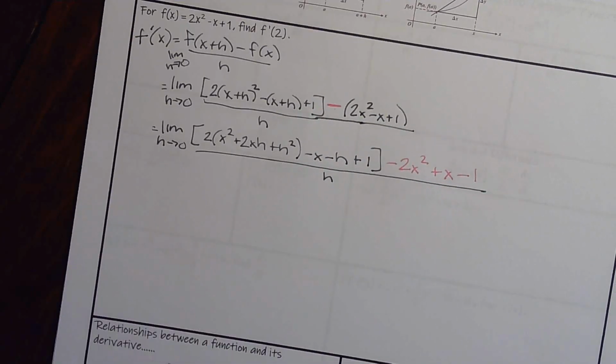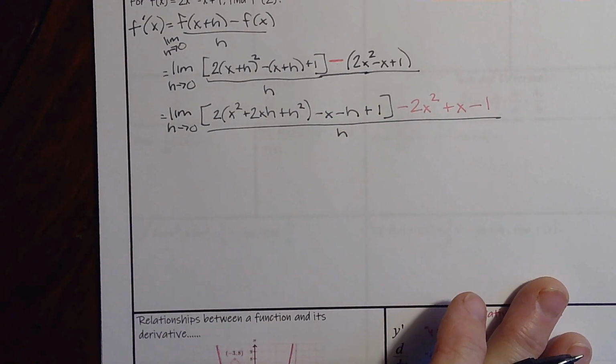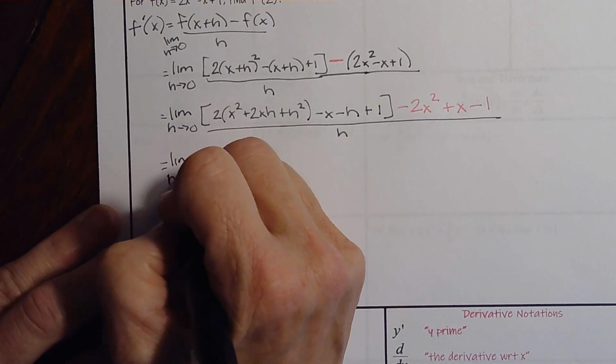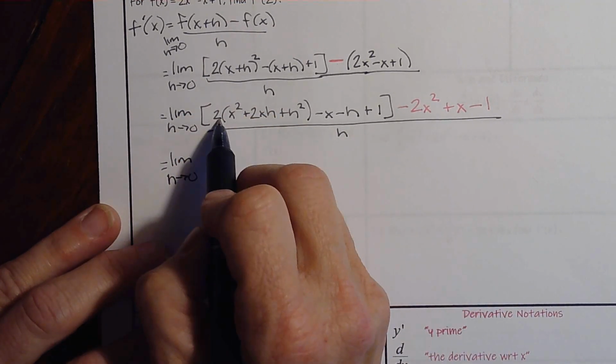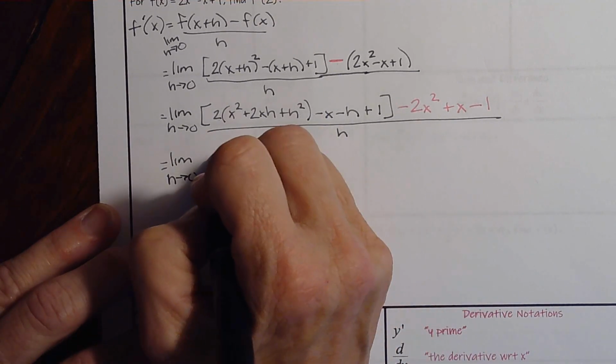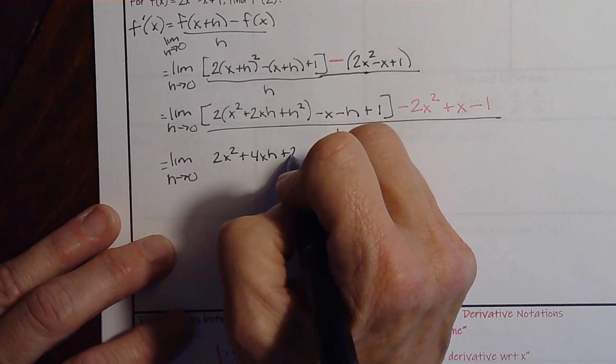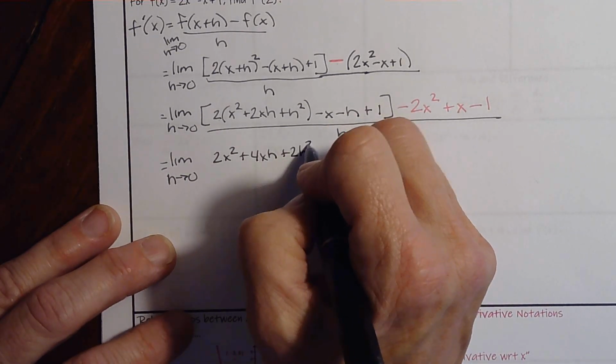Unfortunately, this one has a lot of cleanup to it. Sorry about that. So the limit as h approaches 0, I will distribute the 2 onto this, and I get 2x squared plus 4xh plus 2h squared.